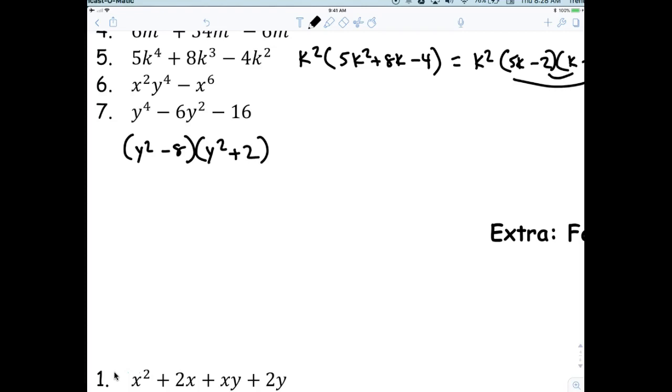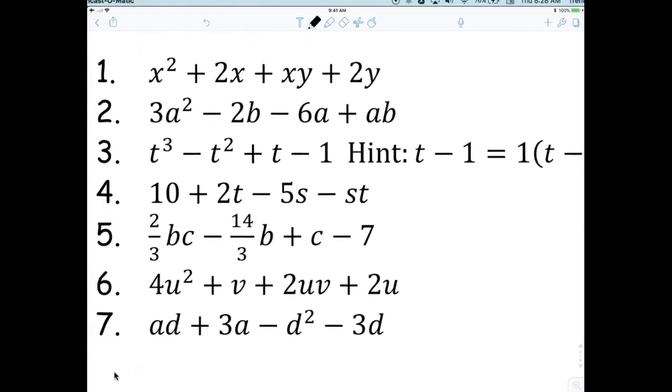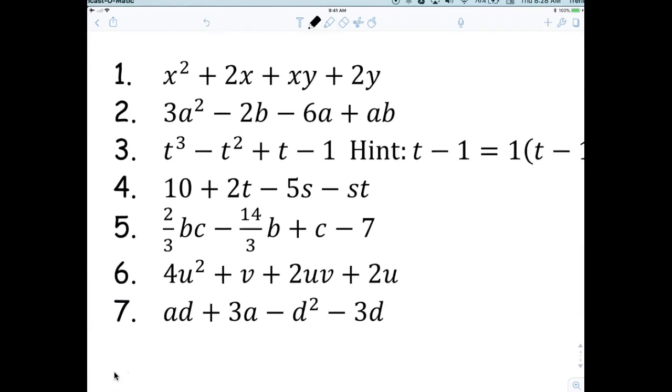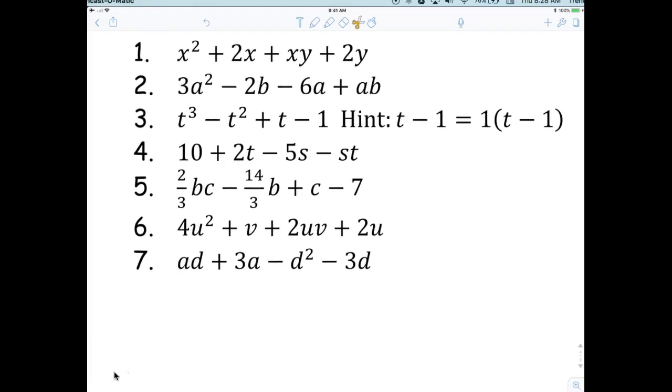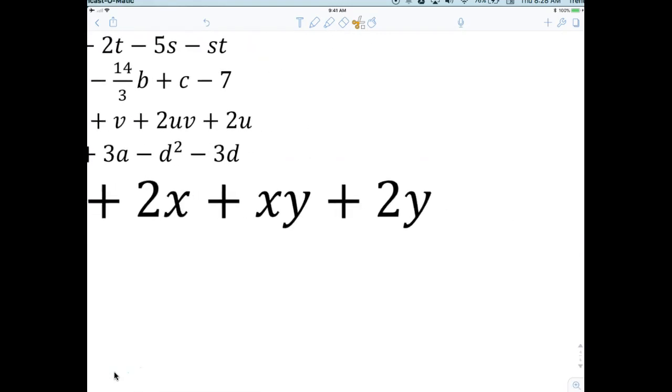Yeah. But it's not. All right? Now we're factoring by grouping. So again, what I want to do here, taking a little bit of time, but it's worth it. I want to make sure you see it properly.